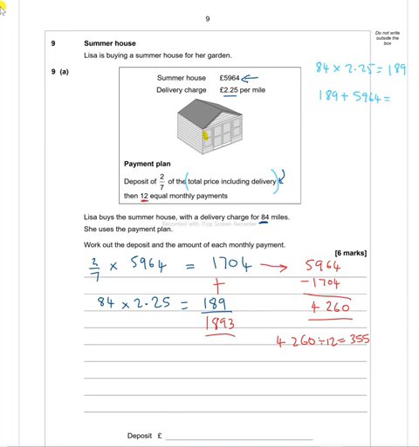Then they've gone and done 189 plus 5964 equals 6153. 6153, that's the total price. Now they want 2/7 off that, so it's 6153 times 2/7, which is 1758.